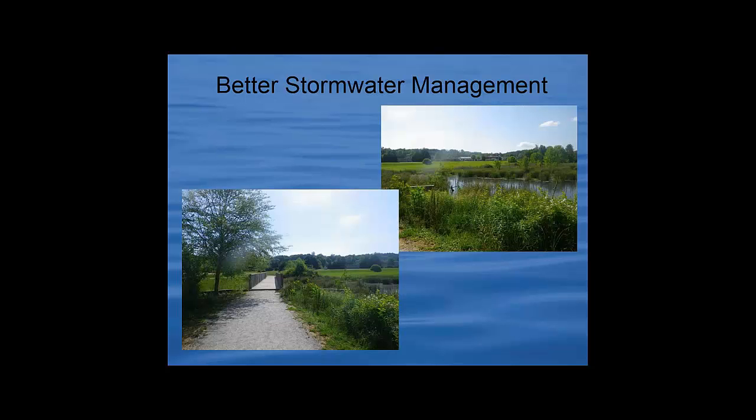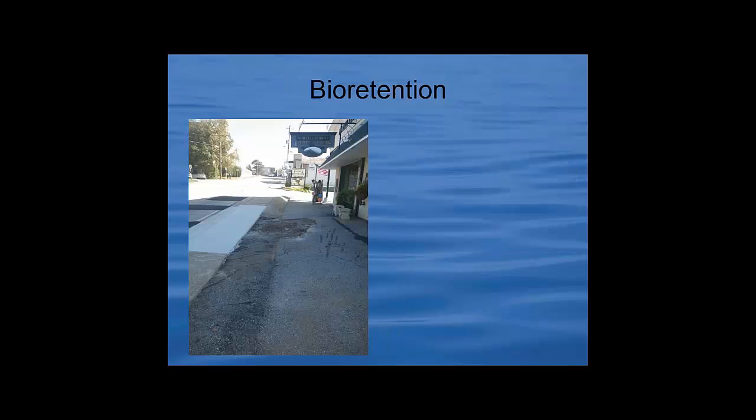We also know that we need to demonstrate better stormwater management at multiple scales. So here's an example of a parking lot in front of a local business that was completely unneeded. You can see where it had been dug up there for the city to replace a leaking water line. And some of the city staff, through this long process of working through the agricultural projects and starting to consider stormwater management, actually came up with the idea to replace that unneeded asphalt with something that would allow for infiltration.